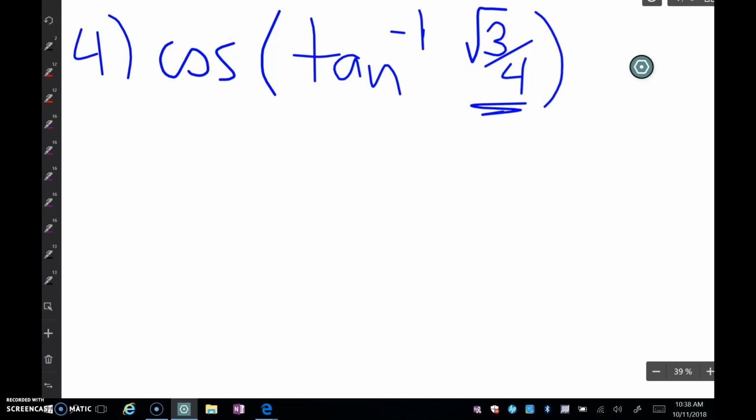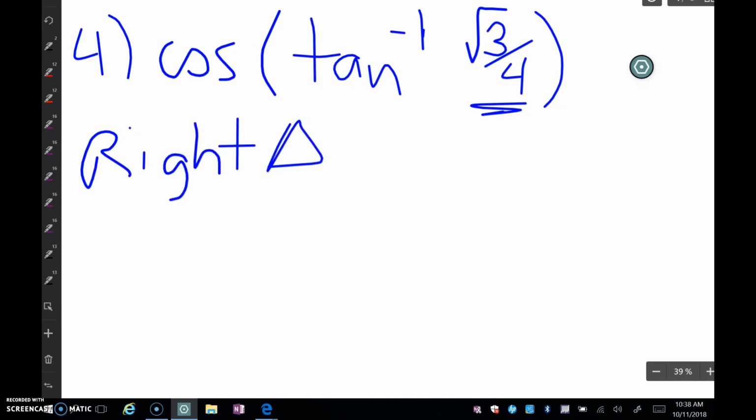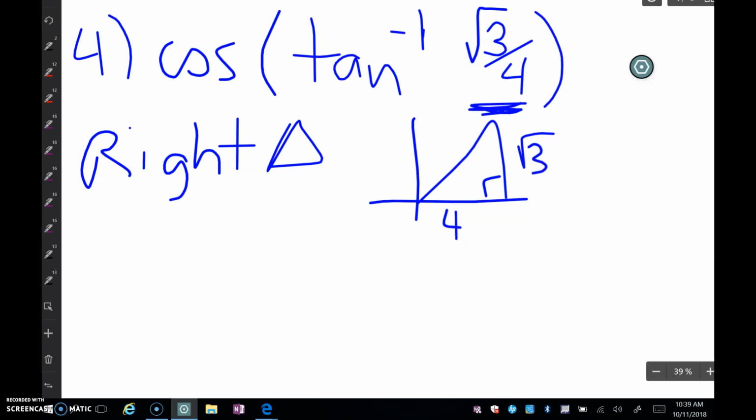I don't want to use my calculator because I'm interested in getting exact values. So what we want to do when something's not on the unit circle is do a right triangle. And since this is a positive value, I'm going to draw my right triangle in the first quadrant. And since tangent is y over x, my numbers go here.